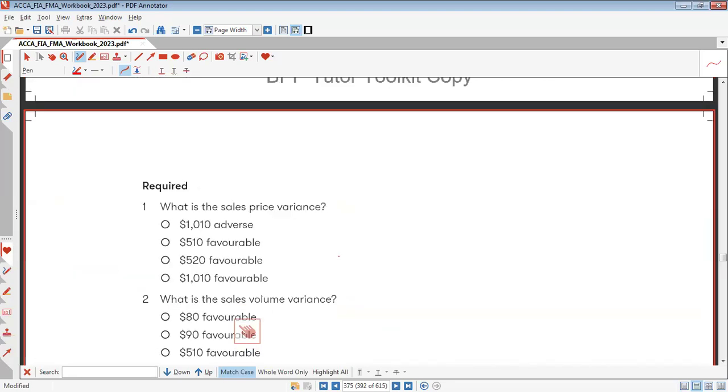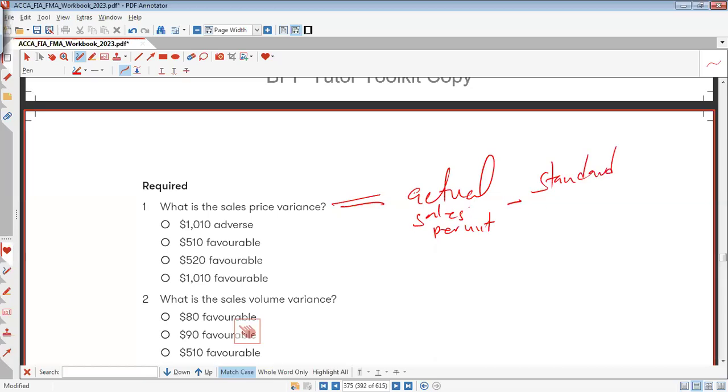Okay, so let's work it out quickly. So the selling price variance is equal to actual sales per unit minus standard sales price per unit, times actual sales units.